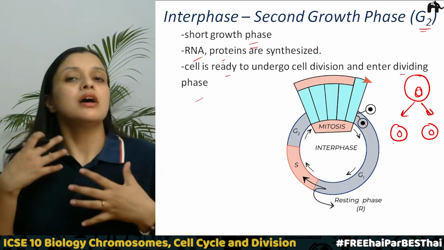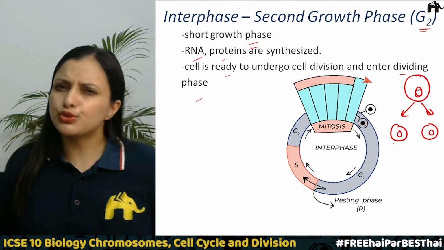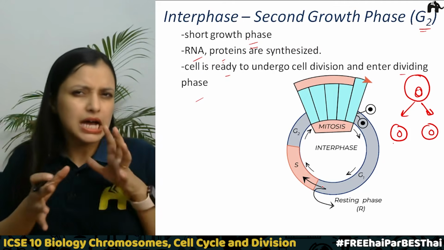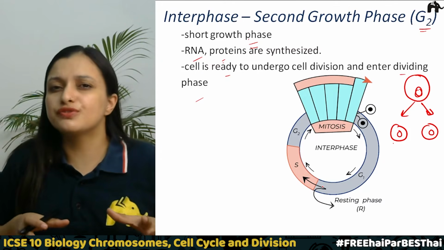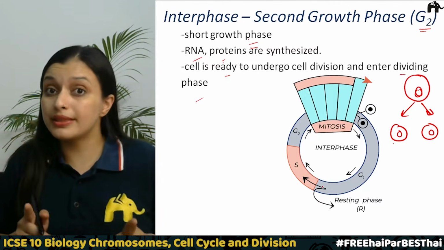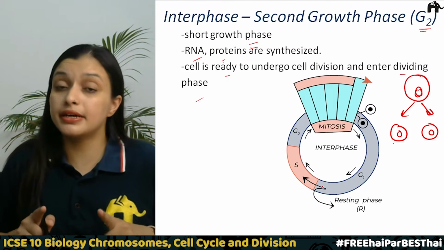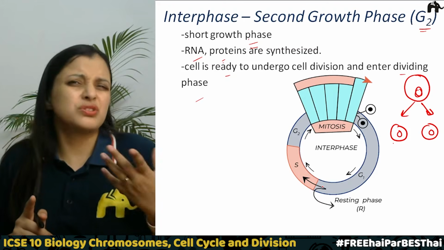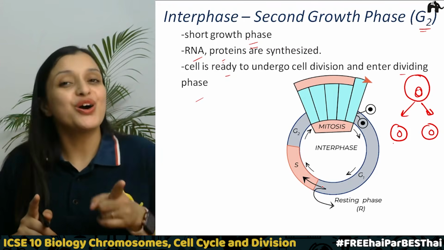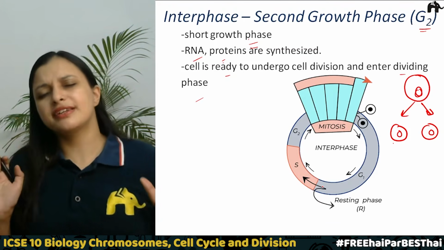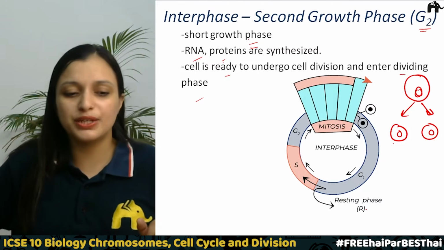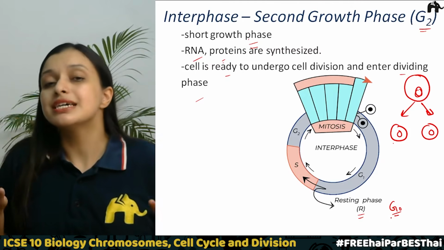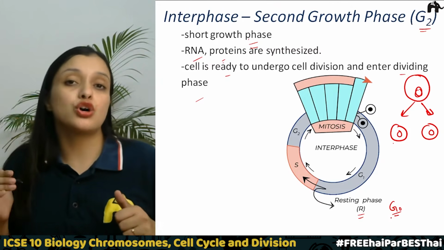At that time the cell produces some protein, some RNA, and at the final points of G1 phase, the cell decides whether it has to enter the next phase, that is the S phase, that the cell wants to divide or not, or it wants to go into the resting phase, right? So either it will go into the R phase, resting phase, or I told you sometimes it is said to be the G naught phase.